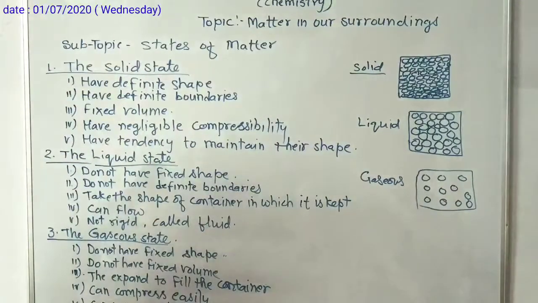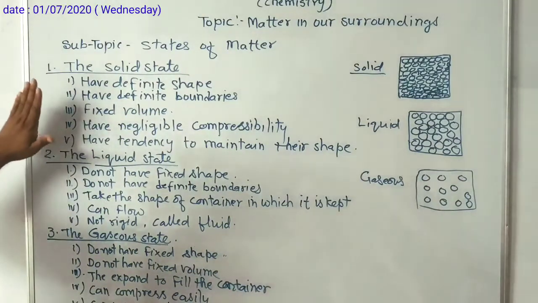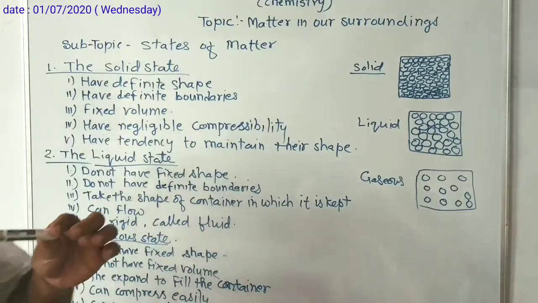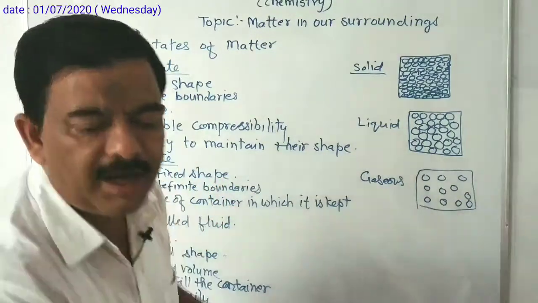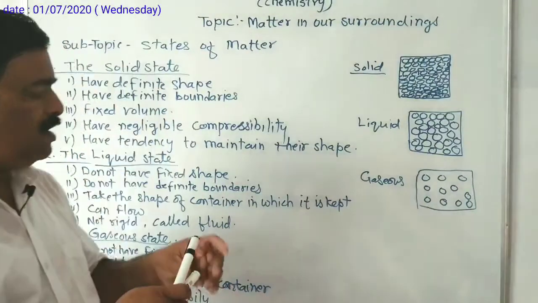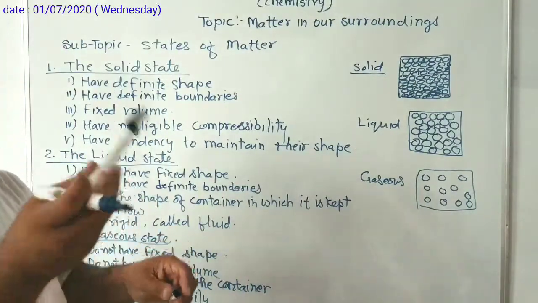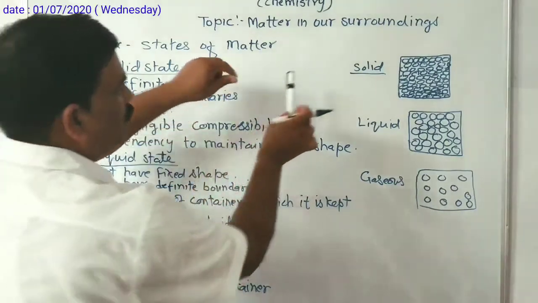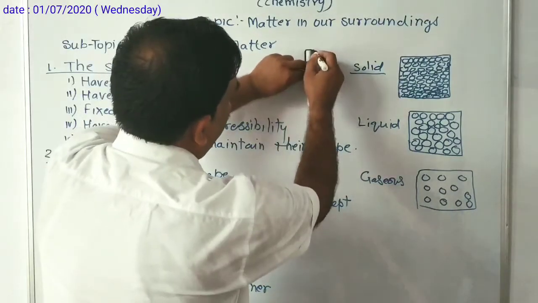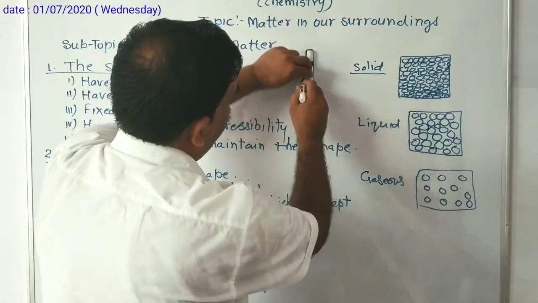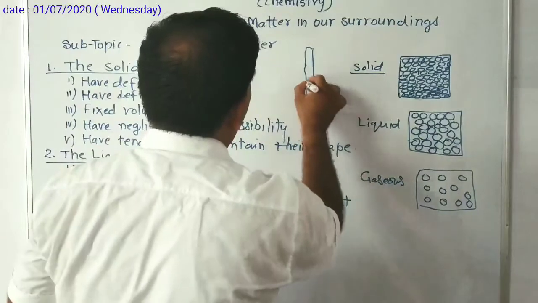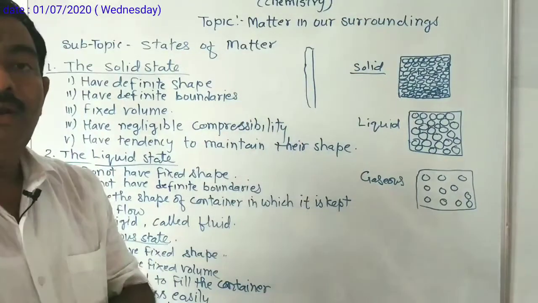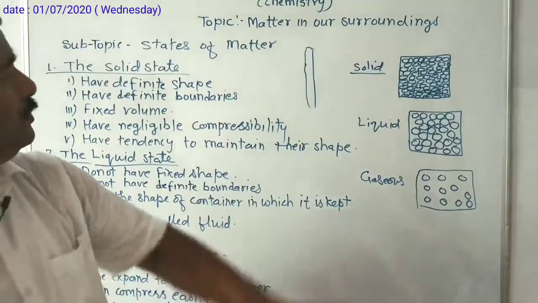So, students, I want to tell you first about the solid state. Are you able to see this marker? If I keep this marker on the blackboard, I can draw its outline.